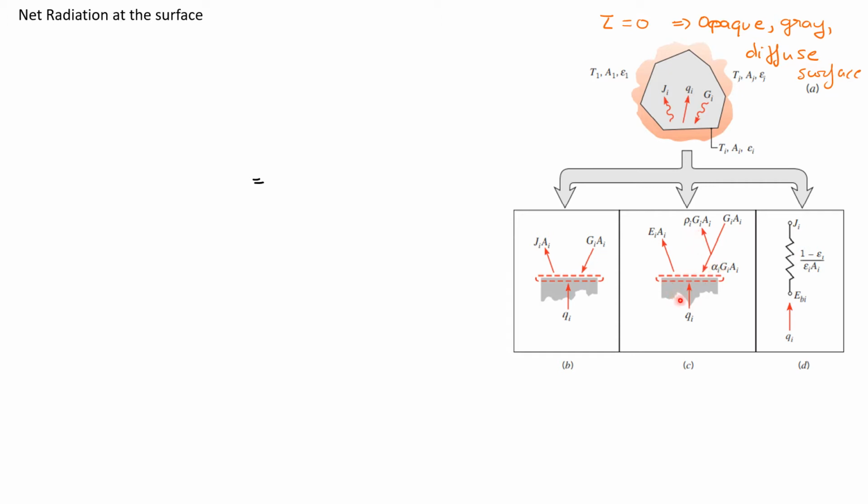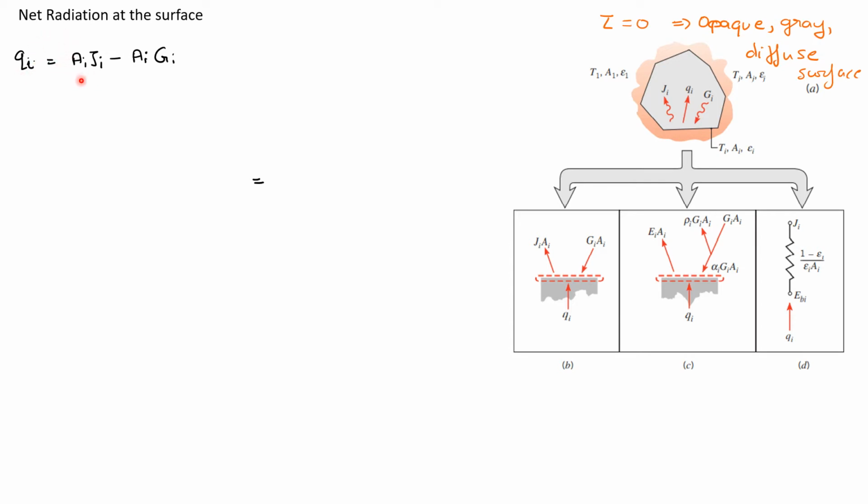Nothing will be transmitted because the surface is opaque, and we can represent this as a potential which is Ebi, that is what is emitted, and radiosity Ji, and you will understand this in just a moment about the thermal resistance.